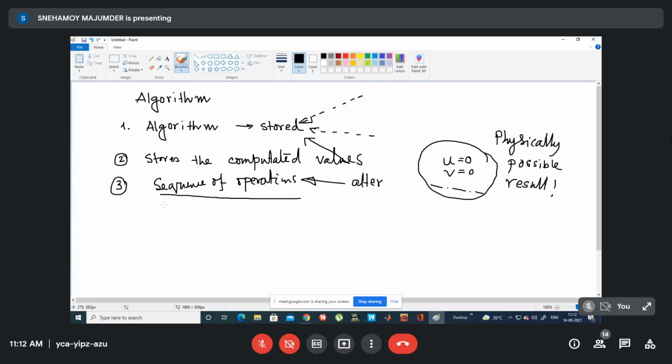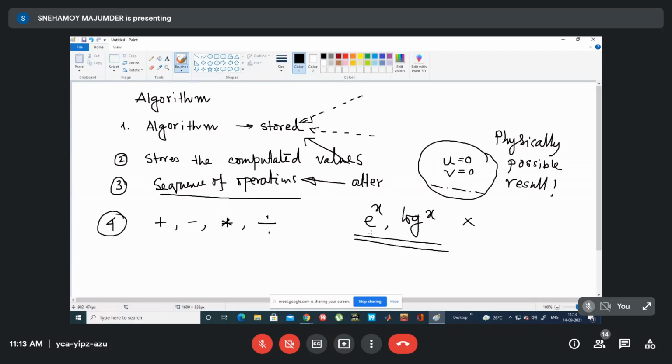Finally, you should remember in a computer program there are only plus, minus, multiplication and division, and nothing else. Anything that requires e to the power x, log x, nothing is possible to do directly by a computer.